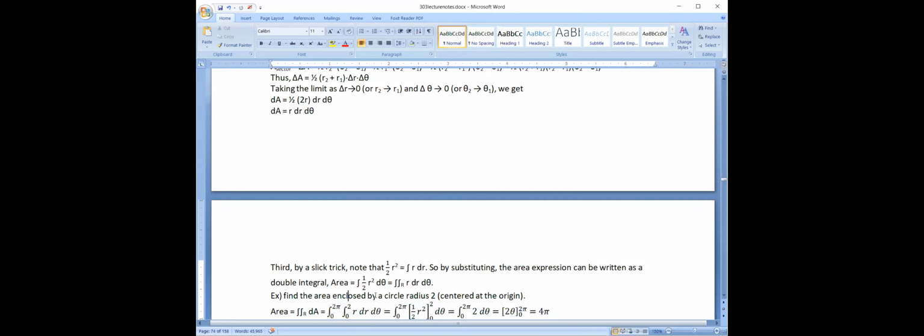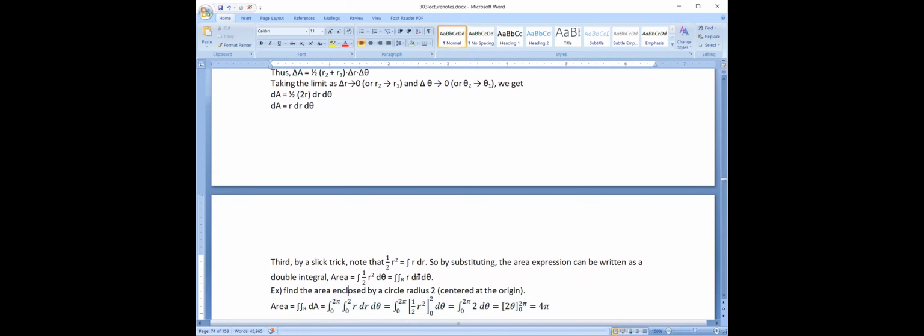The integral of r dr gives us half r squared, and evaluating as r goes from 0 to 2 gives us 2. Now integrating 2 d theta gives us 2 theta, evaluated from 0 to 2 pi, and that gives us 4 pi, which is exactly what we would expect, because we know the area enclosed by a circle is pi r squared.